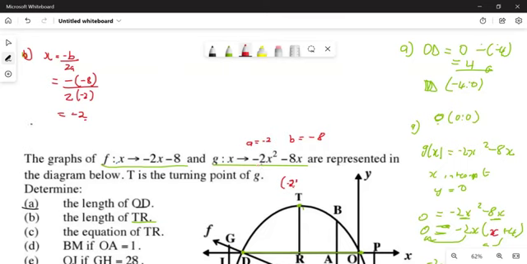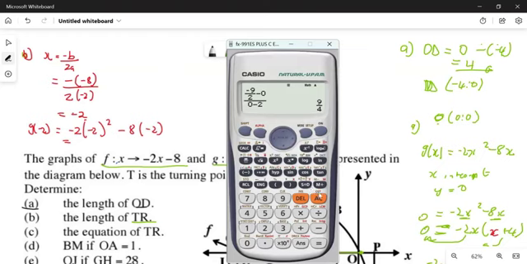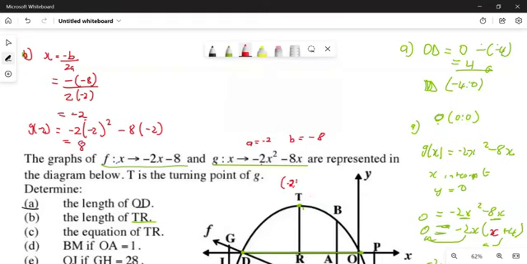So you have G of minus 2, which is going to be minus 2 multiplied by open bracket minus 2 all squared, minus 8 multiplied by minus 2. You get 8. So you have minus 2, which goes with 8.